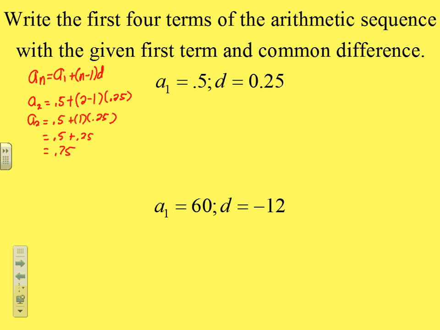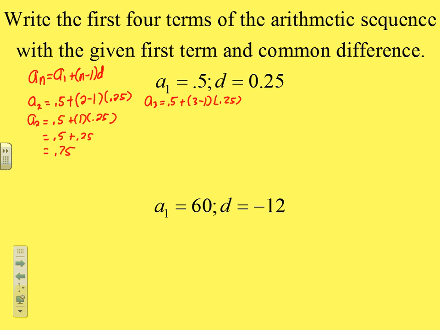And we would pretty much do the same thing for the third one. a sub n becomes a sub 3 equals, and here we have a sub 1 again, 0.5 plus 3 minus 1 times 0.25.